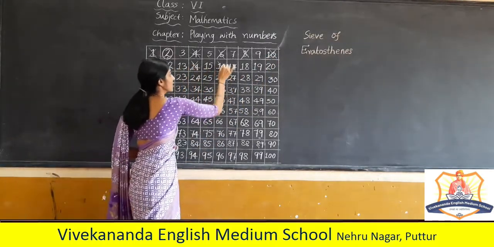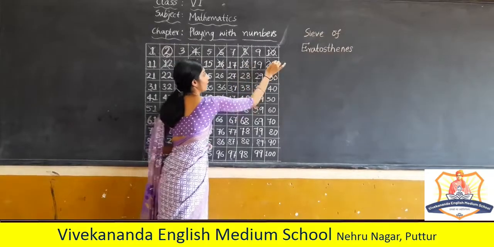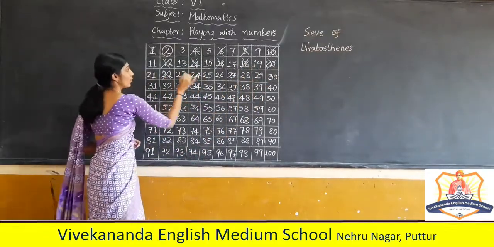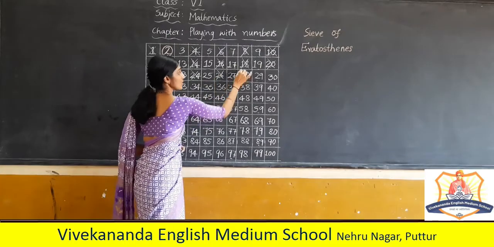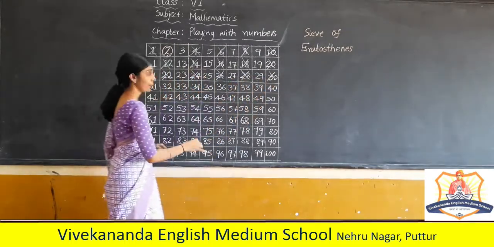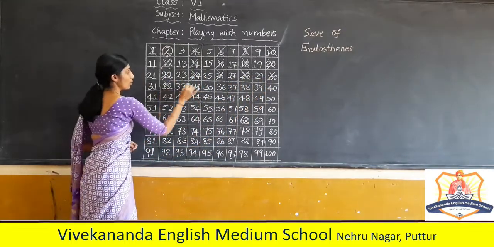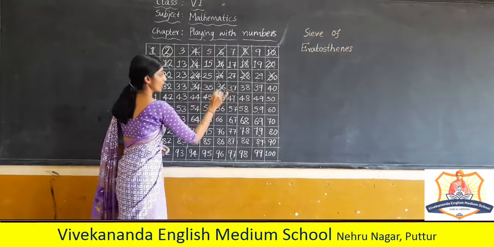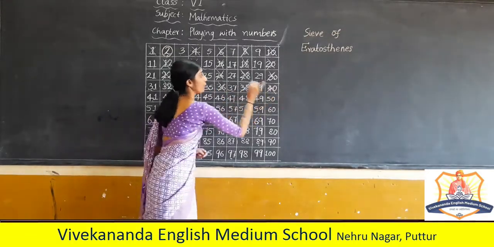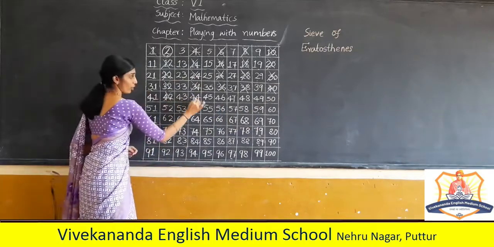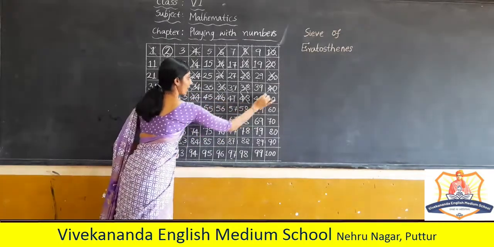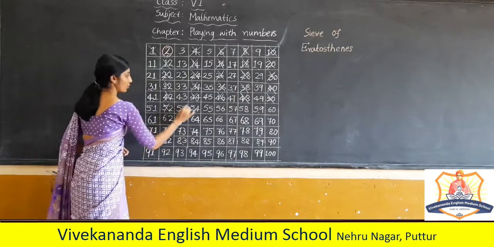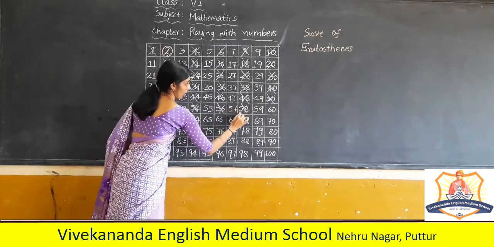12, 14, 16, 18, 20, 22, 24, 26, 28, 30, 32, 34, 36, 38, 40, 42, 44, 46, 48, 50, 52, 54, 56, 58, 60.